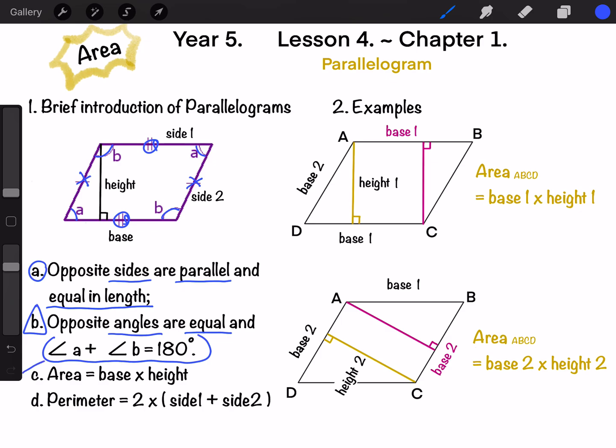Now, the key point of this chapter, area of parallelogram. Area of parallelogram equals a base times the height on this base.